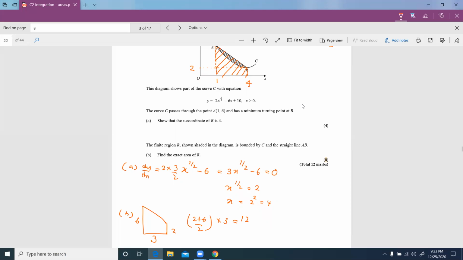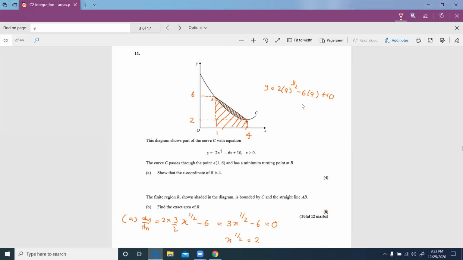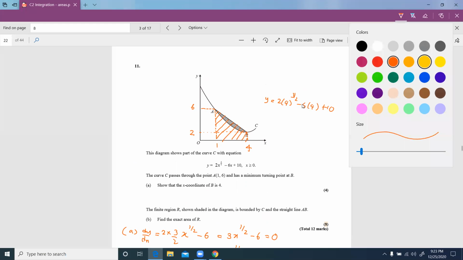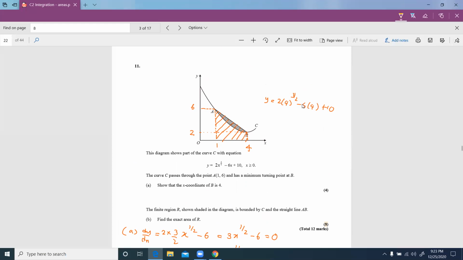Then to find this shaded region, I need to remove this area, this bit of it, from the trapezium. Then you can obtain the required region.